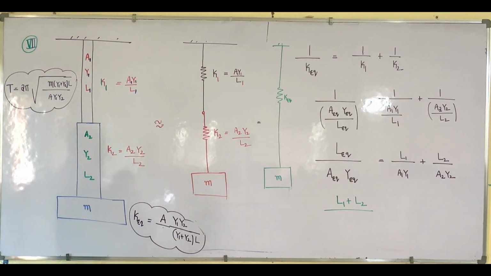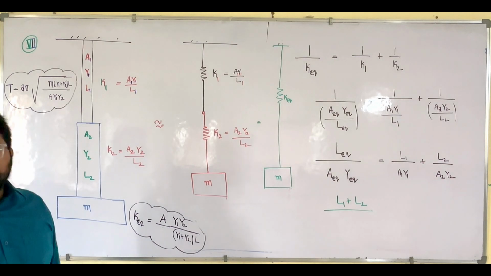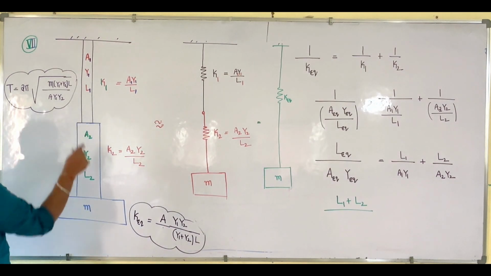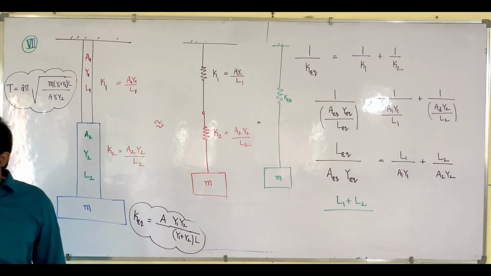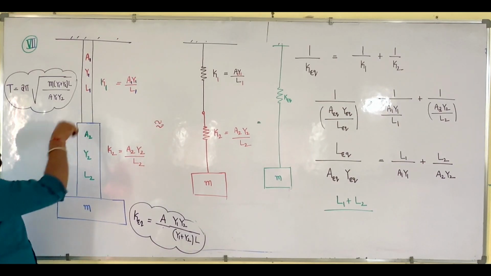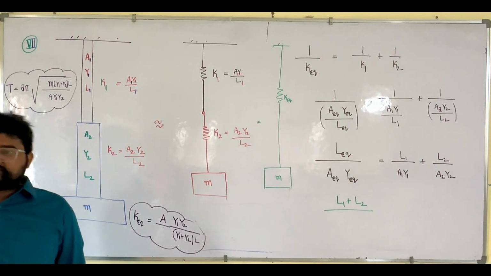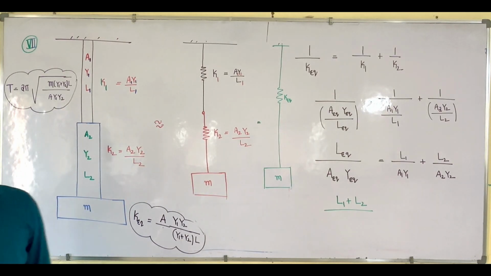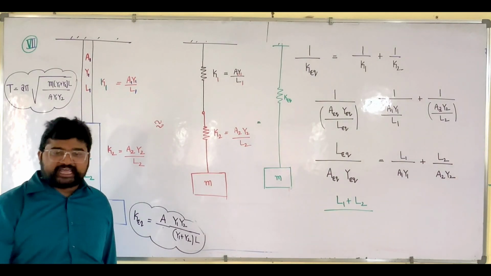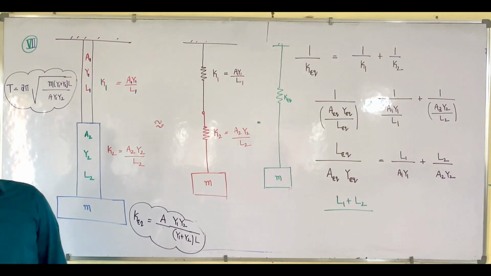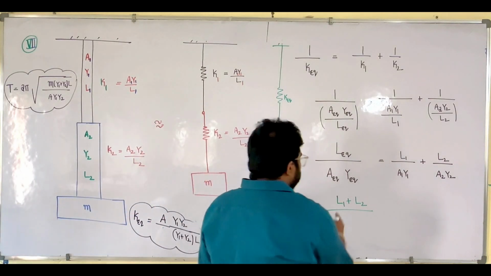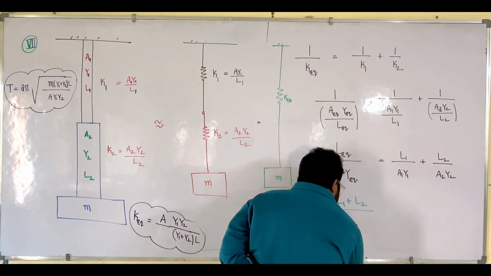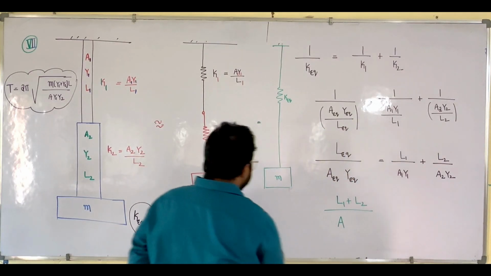In order to write the equivalent, length will be added up. Areas will be the same. In parallel combination, length will be the same. Areas will be added up. Clear? So here L1 plus L2 by A equivalent.